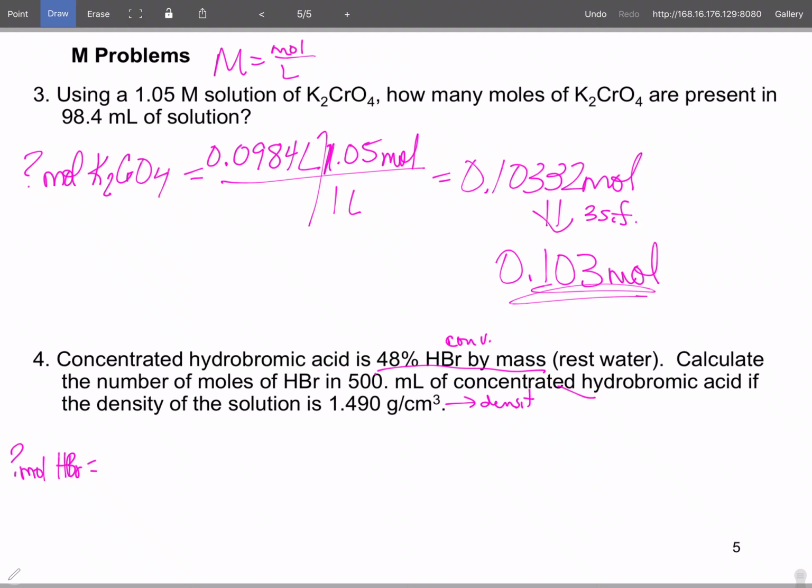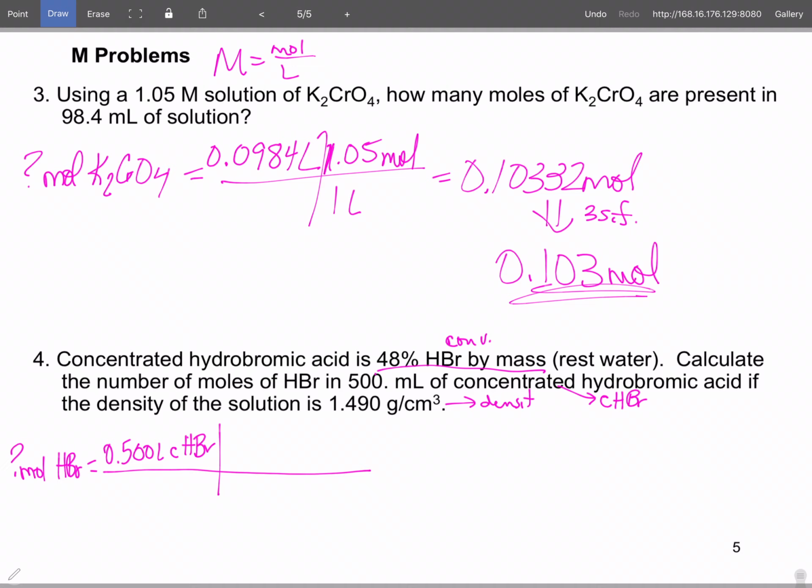So I'm going to call this CHBr, and HBr is just regular HBr. So we're going to start with 0.5 liters of concentrated hydrobromic acid.